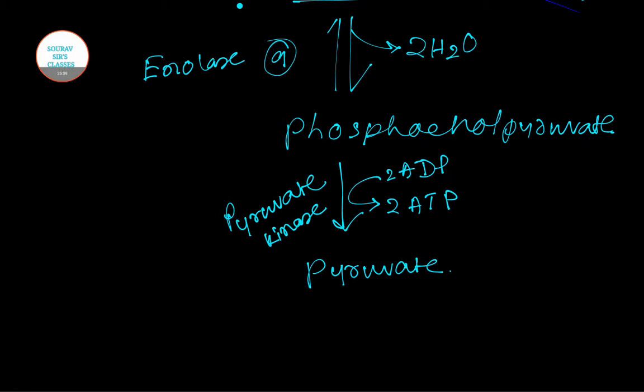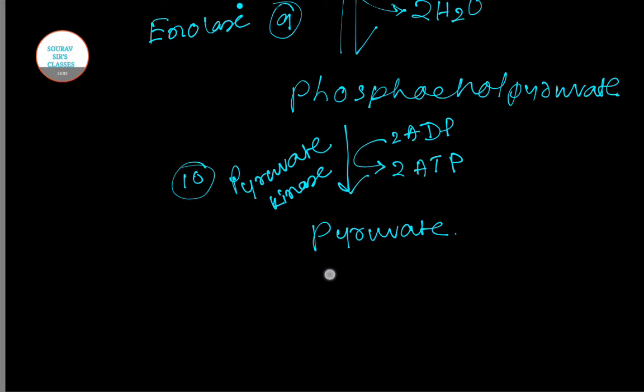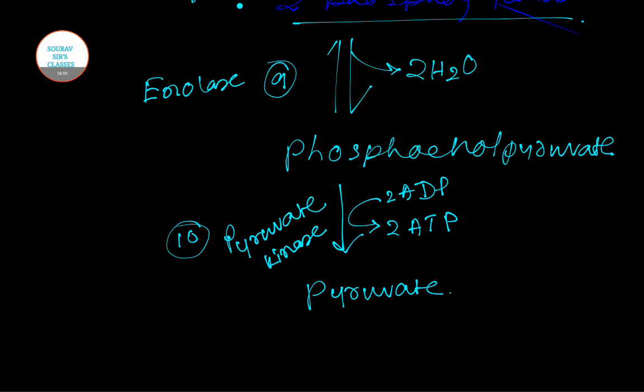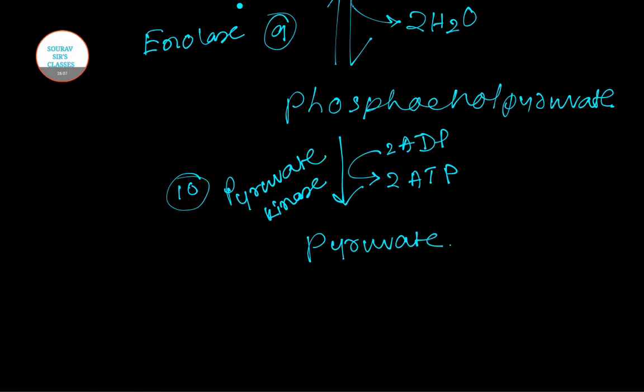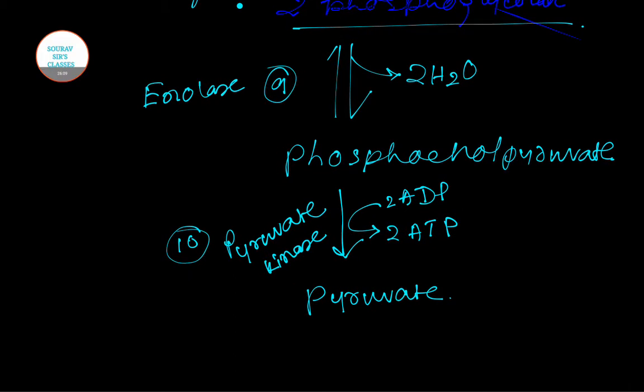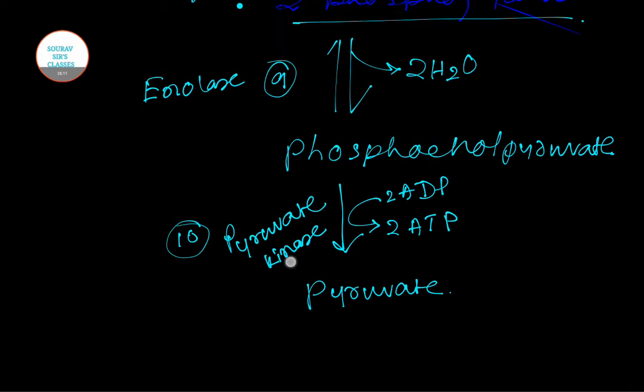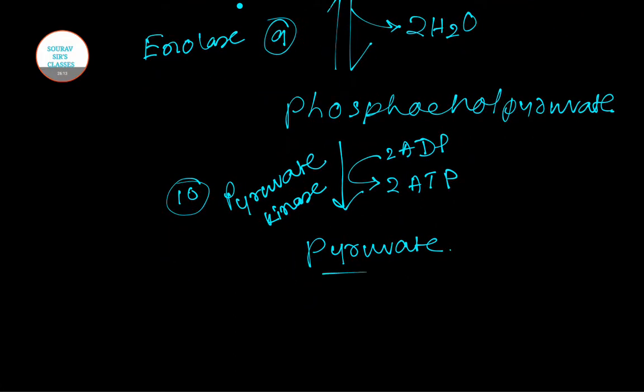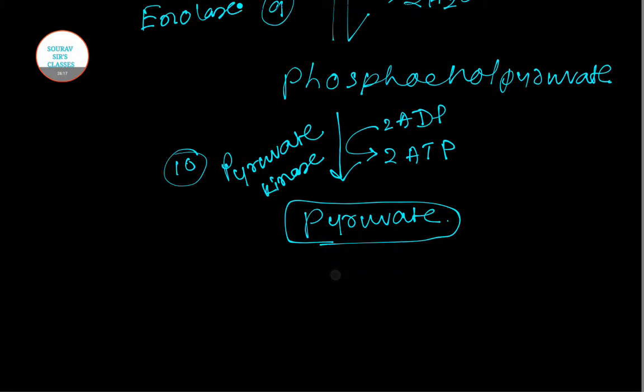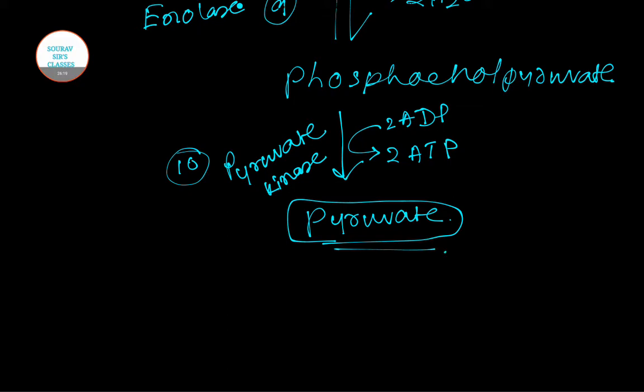So this is the 10th reaction, the last reaction of the payoff phase, and this is all about glycolysis, the conversion of glucose through metabolic reactions to form pyruvate as the end product. So thank you for watching this video.